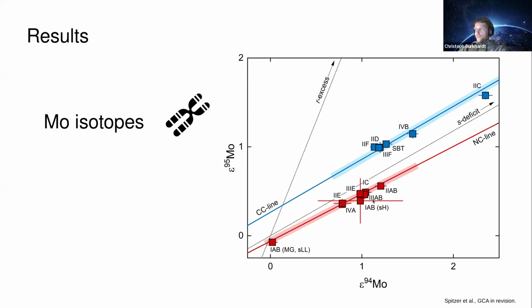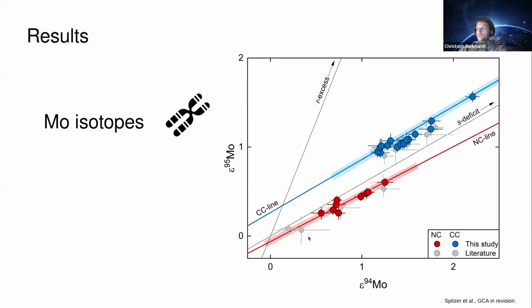And these are results, again, in molybdenum isotope space. We have NC materials and CC materials, and these are the grouped iron meteorites, or the main groups of iron meteorites, NC and CC. And now we have the ungrouped iron meteorites that we plot again here, and we see all of the bodies that we investigated adhere to these NC and CC fields.